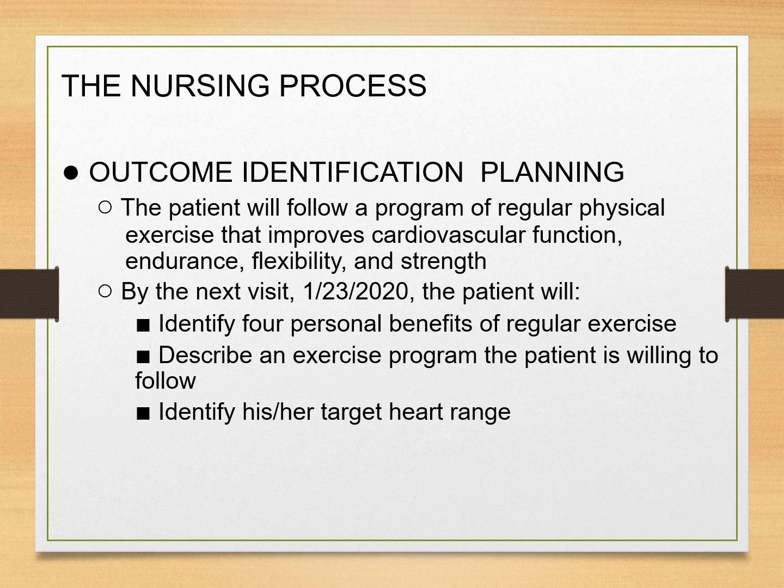By the next visit, for example, the patient will be able to identify 4 personal benefits of regular exercise. The patient will be able also to describe an exercise program in which he or she is willing to follow. Then the patient will also be able to identify his or her target heart range.